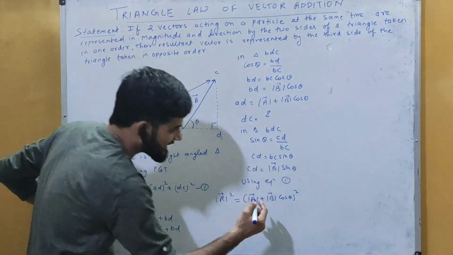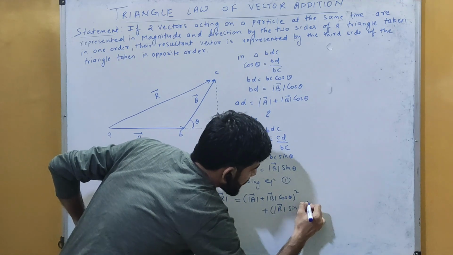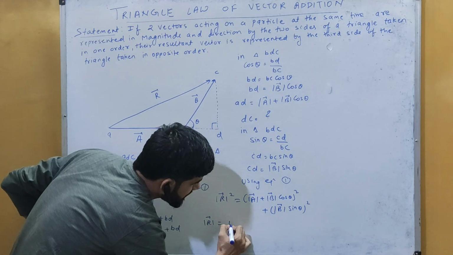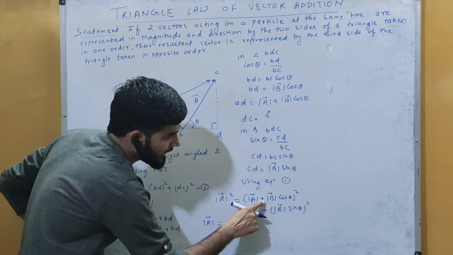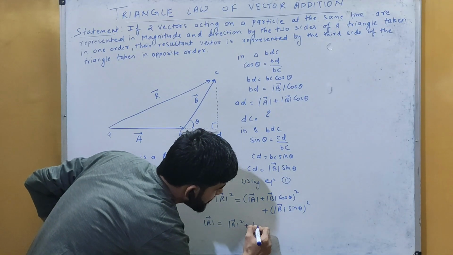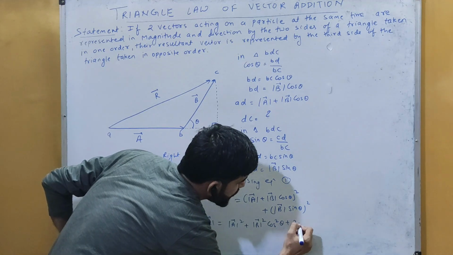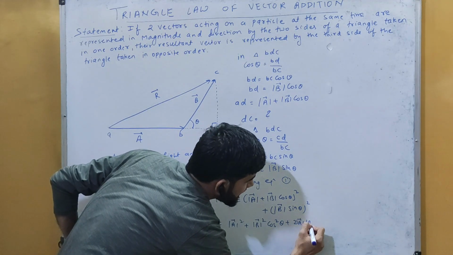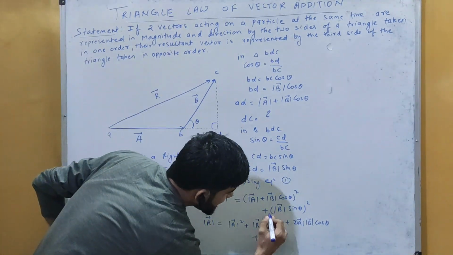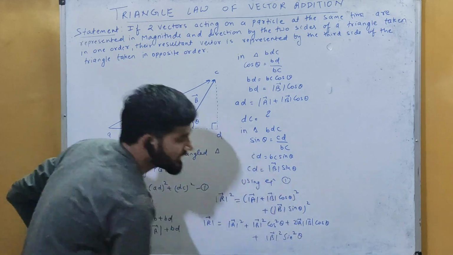This DC is equal to B sin theta, so I can write it as B sin theta whole square. Okay, here I can write this R square is equal to A square, this is A plus B whole square, so I can write A square plus B square plus 2AB, and here B is B cos theta, plus here I can write B square sin square theta.